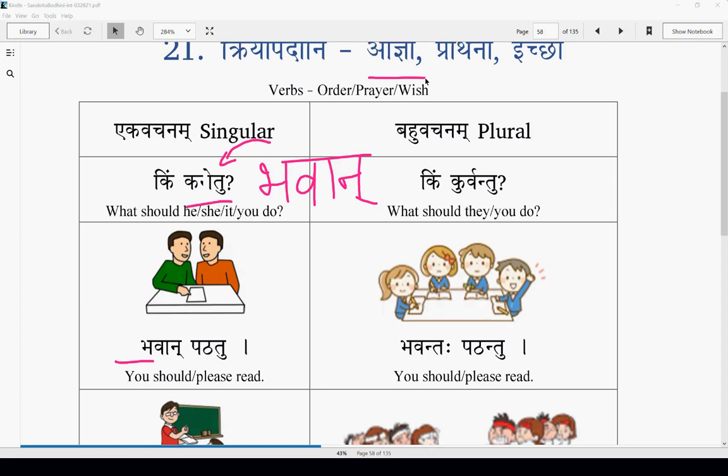Or we may be requesting the person, bhavan pathatu. Depending on the context, the connotation and the tone, the meaning will change, whether it is a wish, a request, or an order. So, bhavan pathatu.